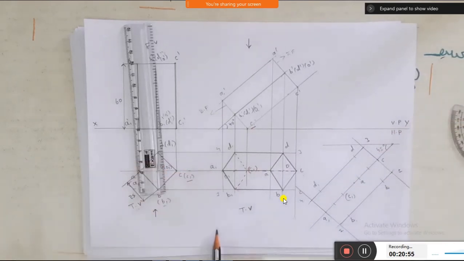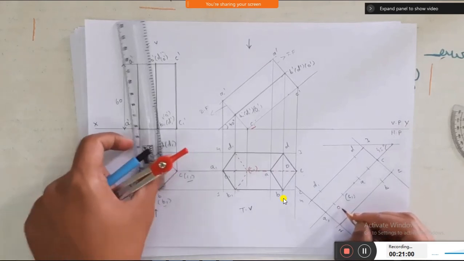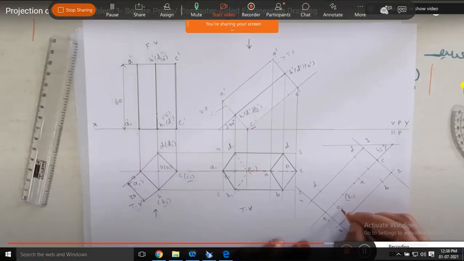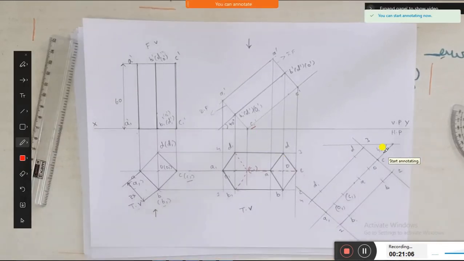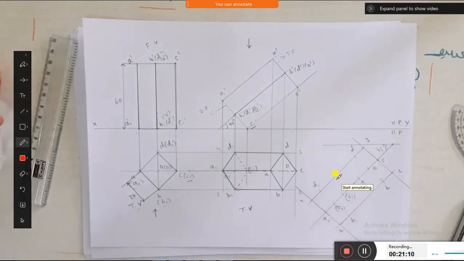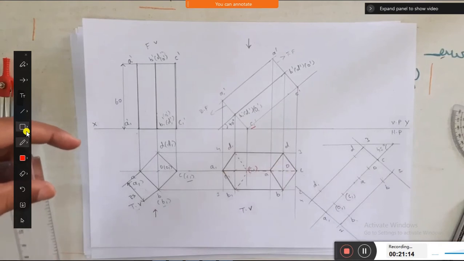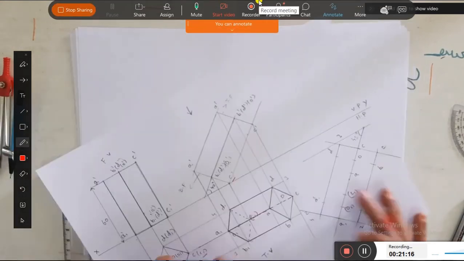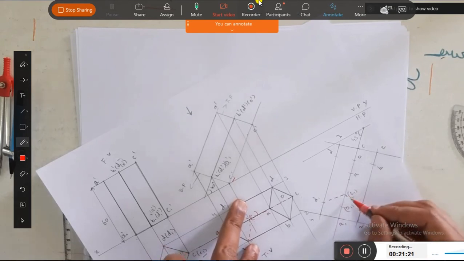Okay, and name it as O1 and O. And after that, whatever the thick line is there, join thick line, dotted line is there, dotted line. So the same thing you have to reconstruct. It's dotted, it's hidden.